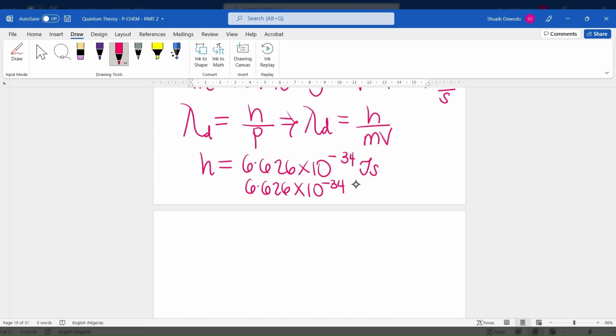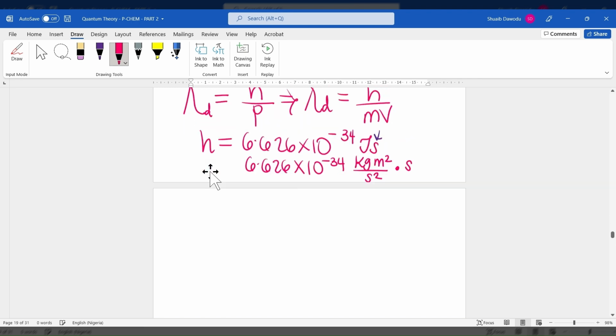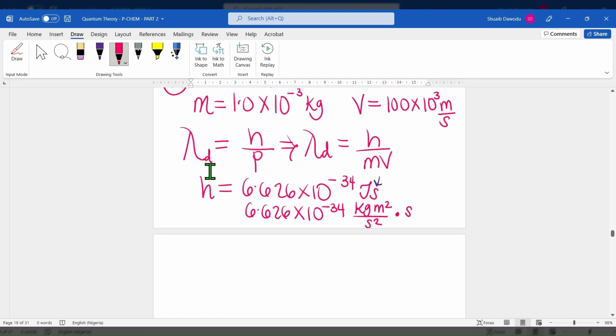Remember what a joule is again? We know a joule to be kilogram meter squared per second squared, and let's not forget the seconds here, so times seconds.